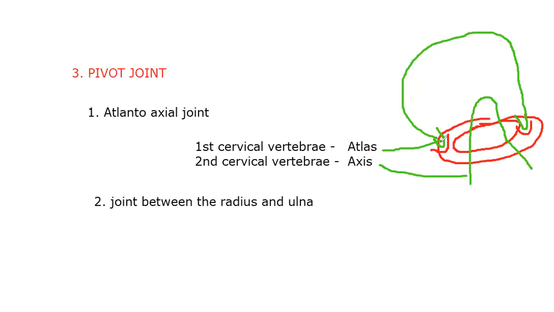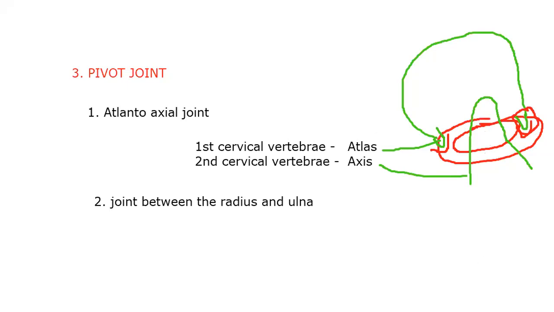Facets for occipital condyles. The atlas has facets for occipital condyles. The cranium has the two occipital condyles. This is the joint we are talking about, and we say it is a condyloid joint. Between the atlas and axis, whatever is present, you say it is the pivotal joint.